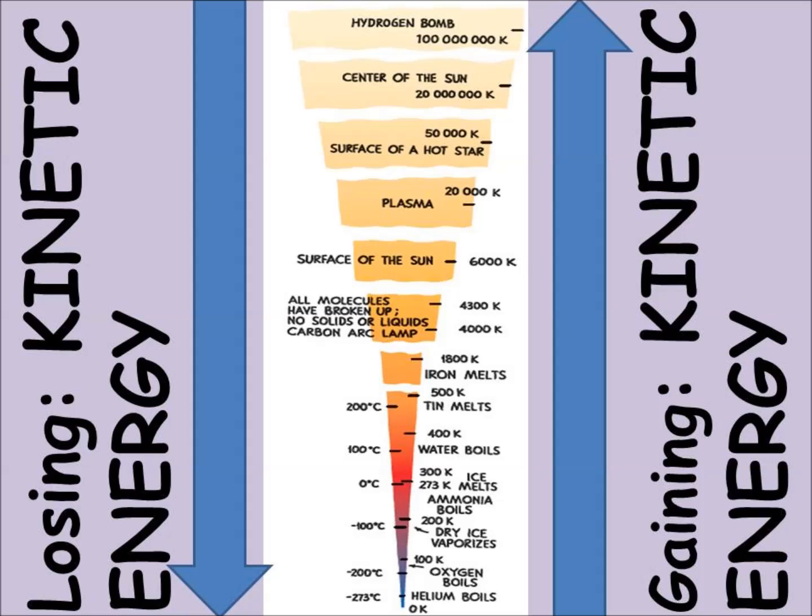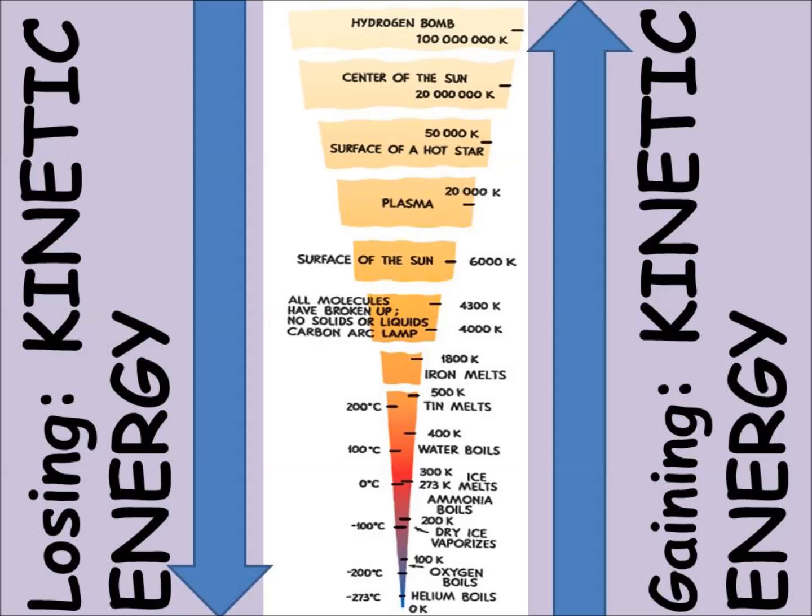Now, this is an illustration that you'll see used and referred to many times while we do thermodynamics, and that is, if you're losing kinetic energy, you're heading towards absolute zero Kelvin. If you are gaining kinetic energy, you're heading away from 0 Kelvin.